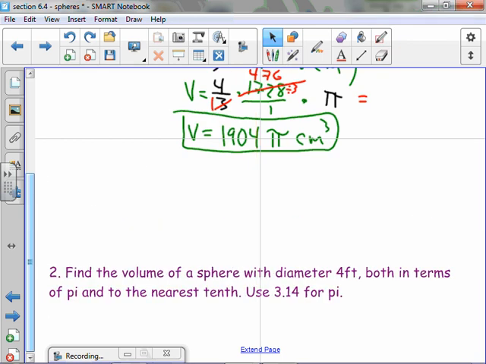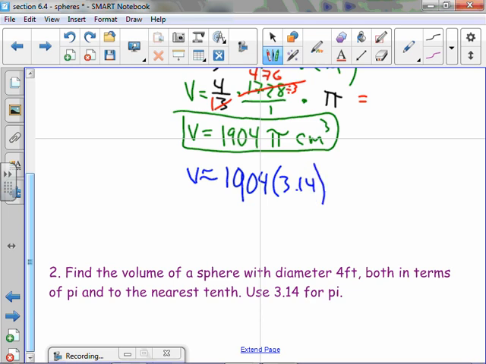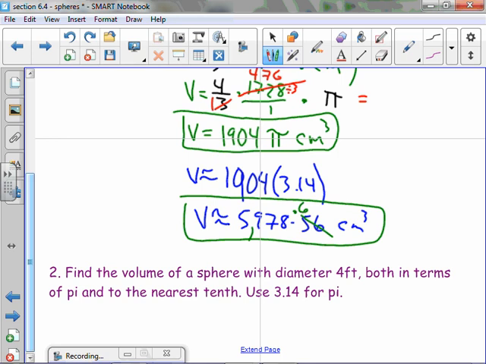And the way I do that, once again, as always, volume is approximately 1904 times 3.14. I use my calculator. I get that the volume is approximately 5978.56 centimeters cubed. And I will round this 0.5 with the 6 after it to 0.6. So 5,978.6 centimeters cubed is my approximate volume.